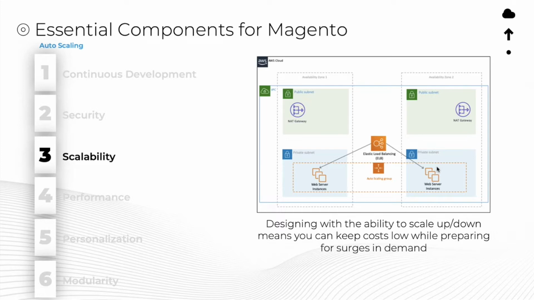Also the auto scaling on the compute layer, whether for virtual machines, EC2, or on the container level. We have load balancing for traffic steering to distribute the traffic among multiple compute instances, and we have auto scaling on the compute instances.